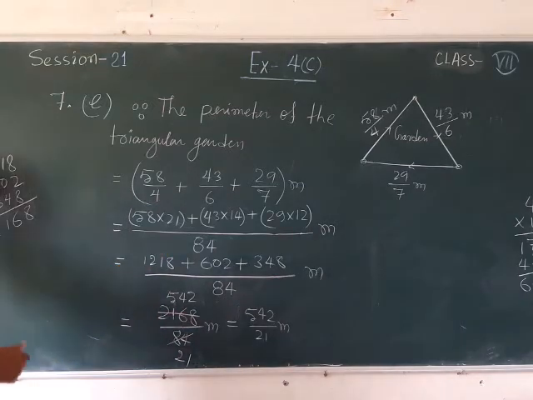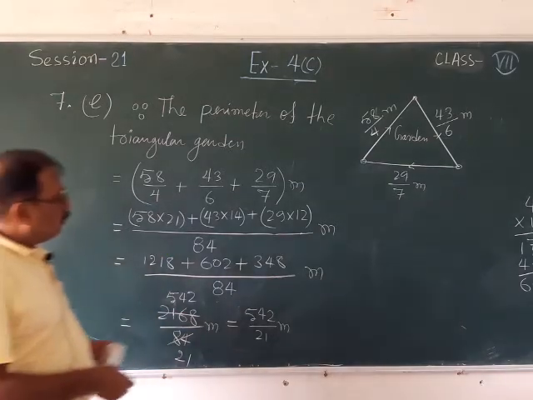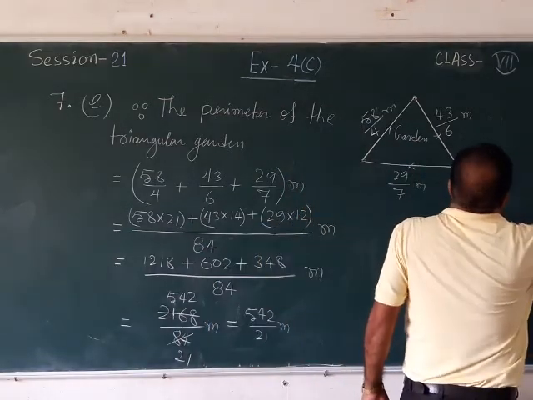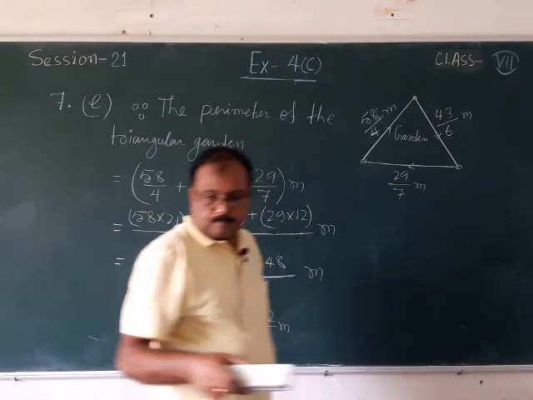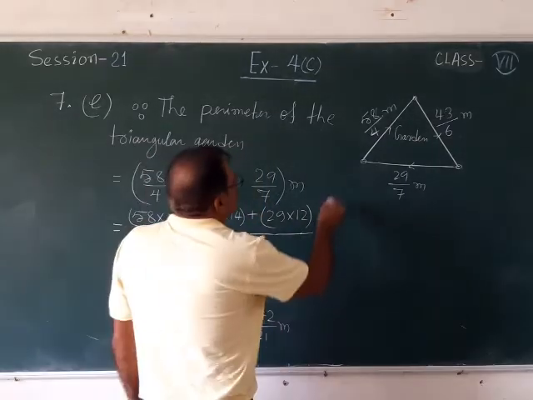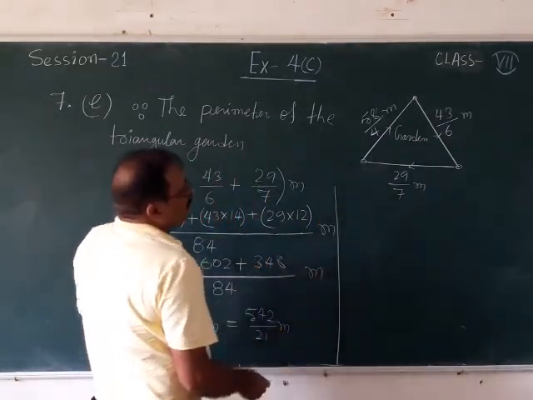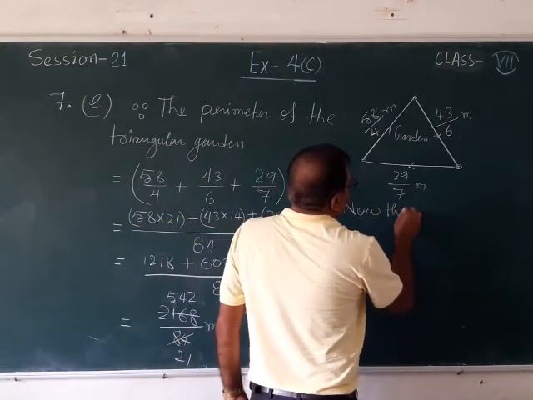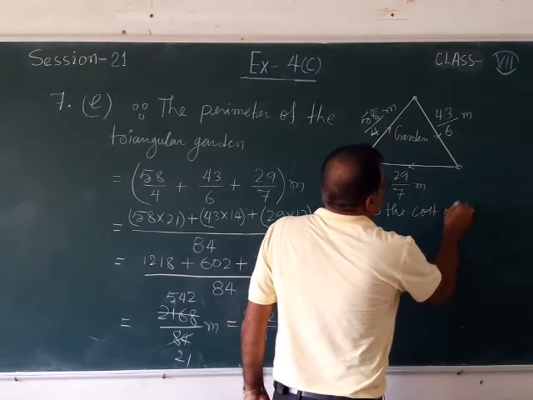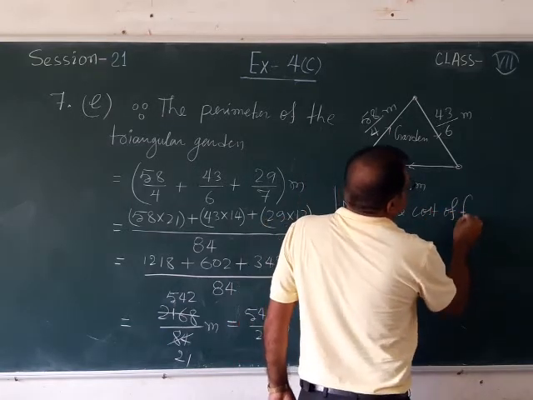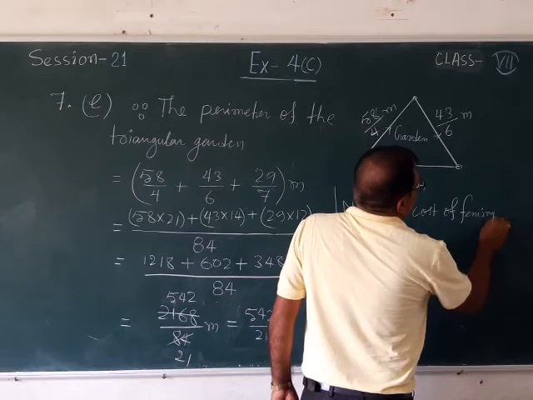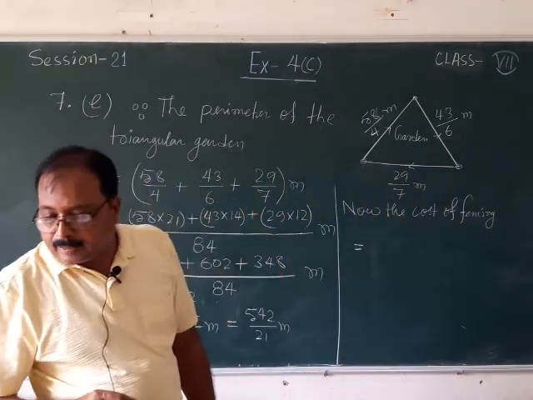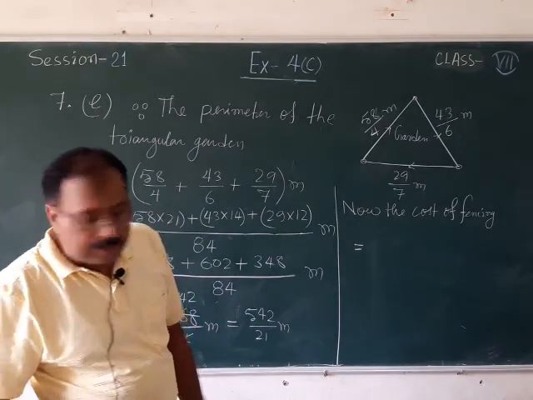Now you need to find the cost of fencing. So till here you copy down, then I will show you the cost of fencing. Okay, so here I can write the cost of fencing. Now the cost of fencing is equal to, here rate of fencing is given, that is rupees 15 per meter.